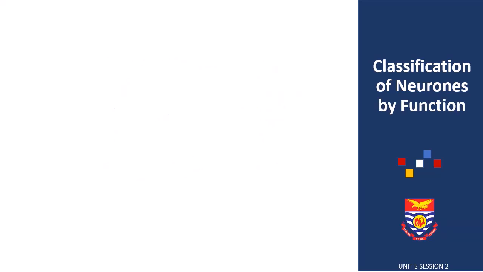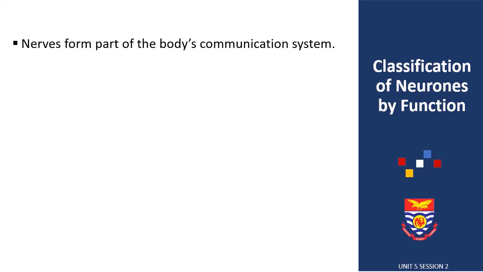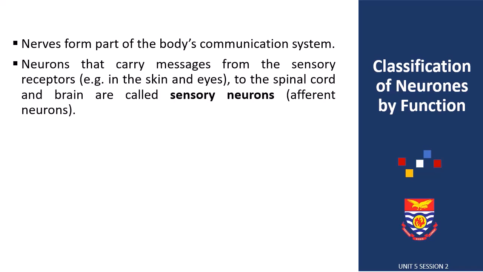Another way to classify neurons is by their function. Neurons form part of the body's communication system, and they do so by receiving external stimuli and mediating the necessary response. Based on their function, we have sensory neurons, which carry messages from the sensory receptors to the central nervous system.